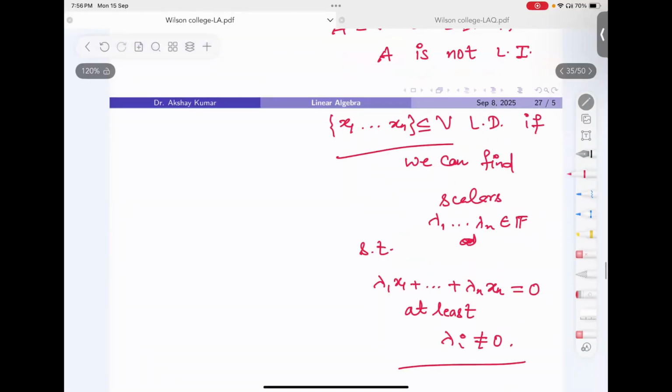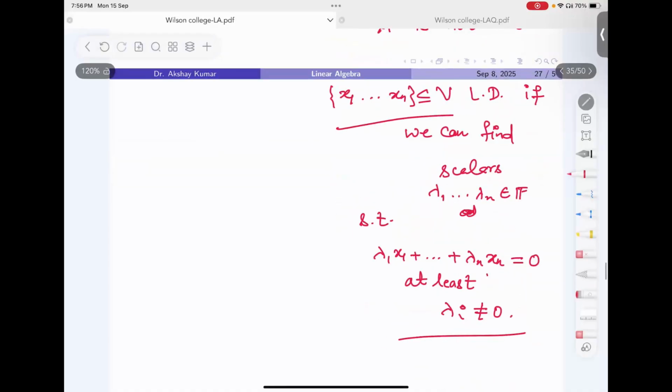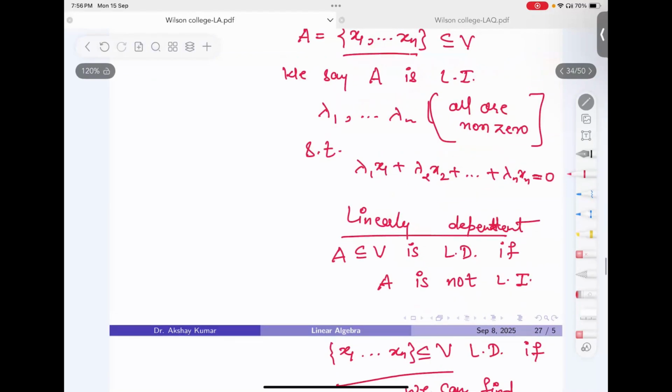For linearly dependent, we have at least. For independent, it should be all. Correct?